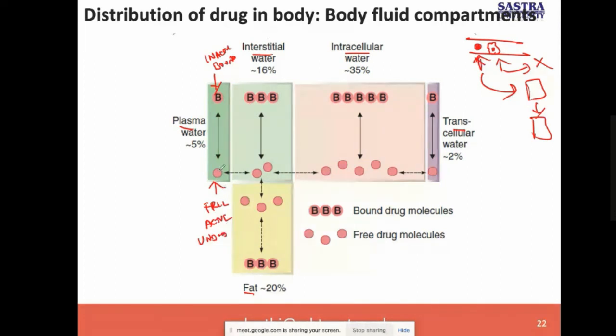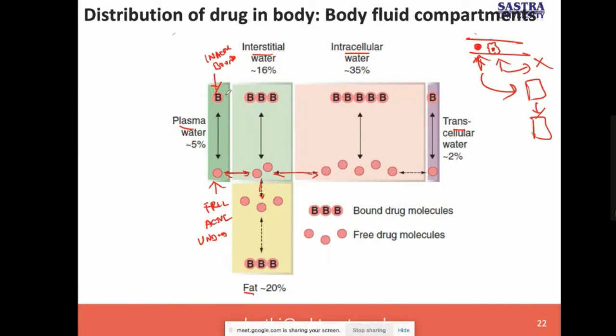This free form of the drug molecule can transfer from one compartment to another. It can move from the plasma water compartment to interstitial, from interstitial water compartment to intracellular water compartment, interstitial to the fat compartment, and so on. The key point is that if the drug molecule is in its free form, it can move freely from one compartment to another.